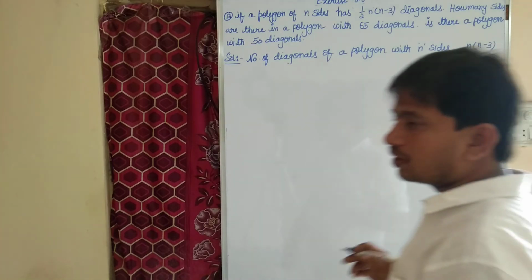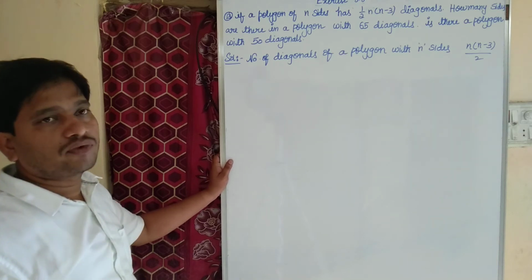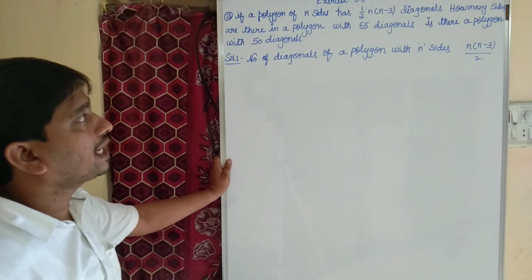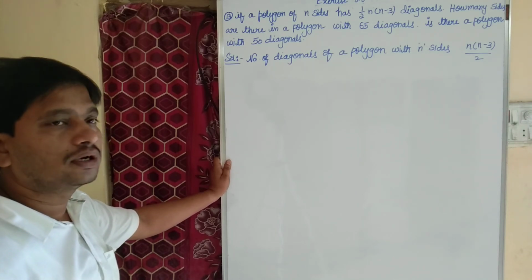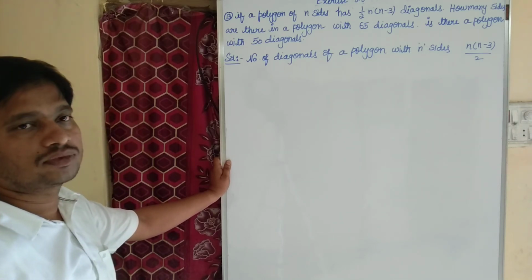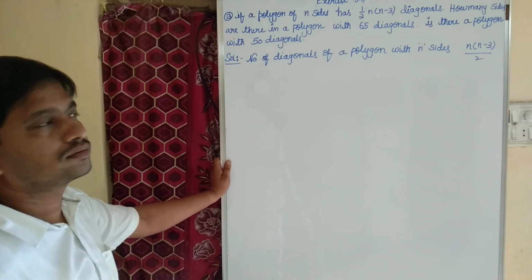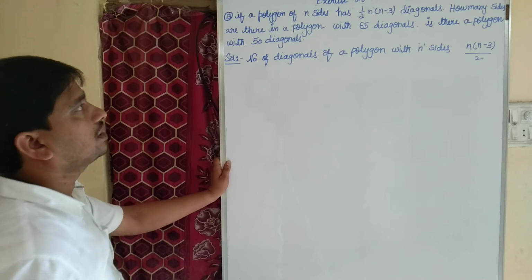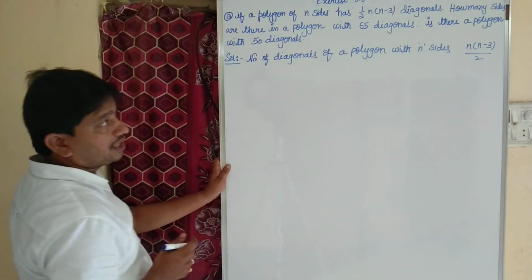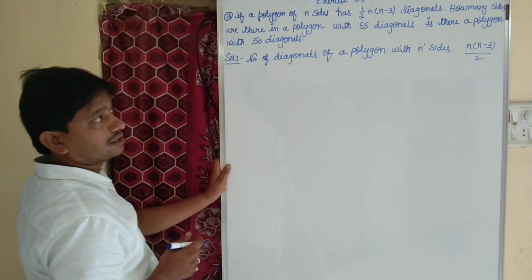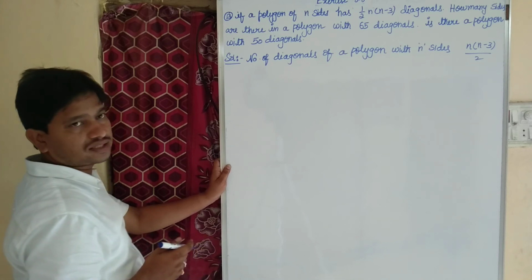Now coming to the last problem. If a polygon of n sides has n into n minus 3 by 2 diagonals, how many sides are there in a polygon with 65 diagonals?